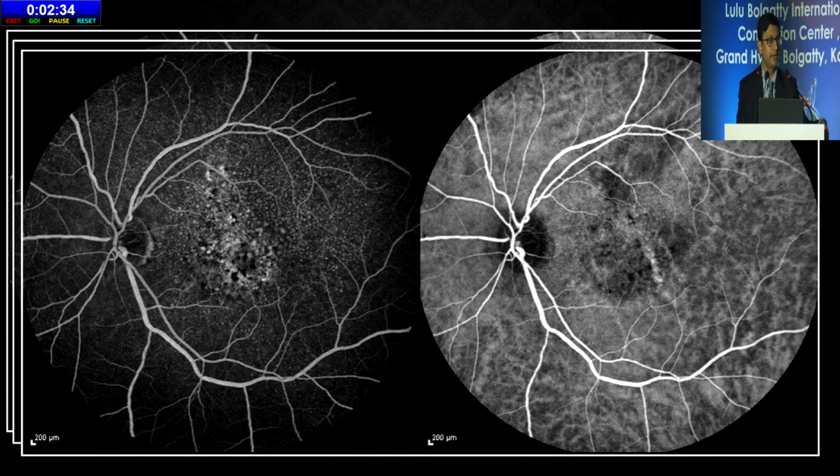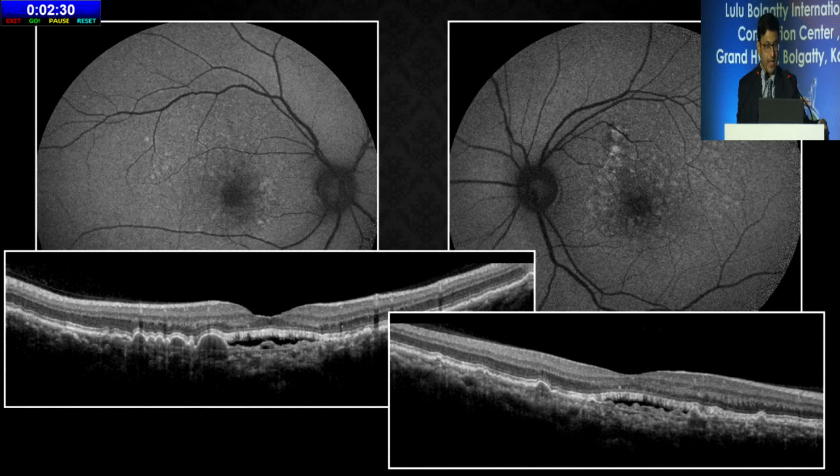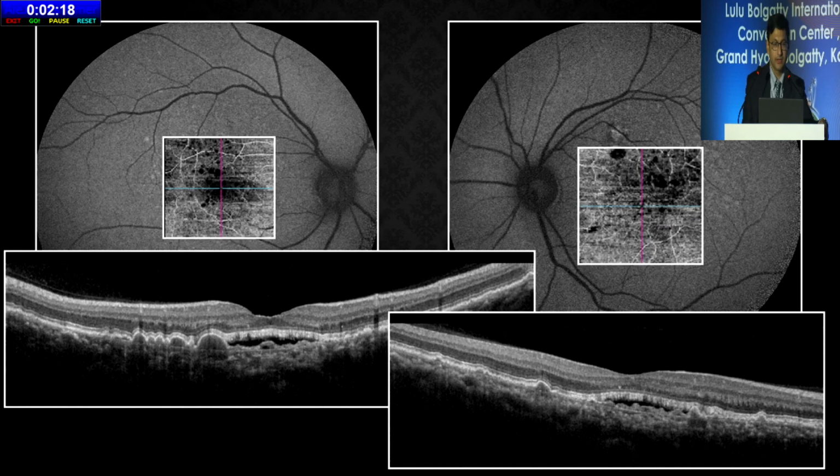But these are all findings of early onset drusen. So as you can see on the OCT, you have this kind of cuticular drusen. These are mounds of drusen, and you also have fluid. Now what's important for us to recognize is that in these eyes, when you do an OCT angiography, you will not find a neovascular membrane many times.